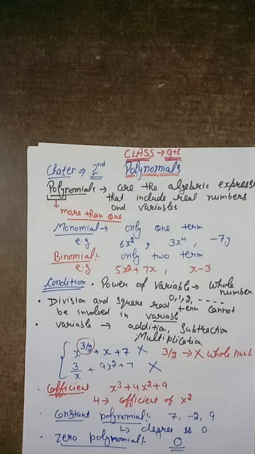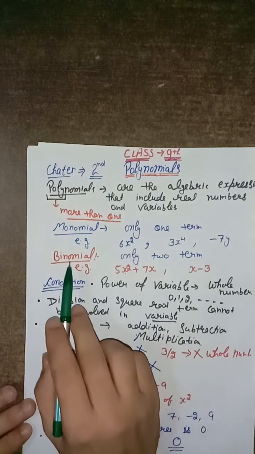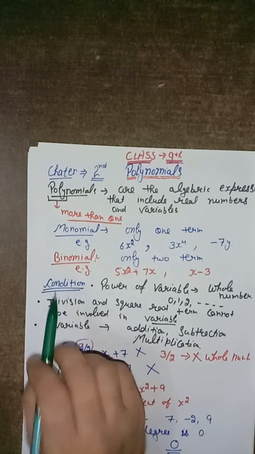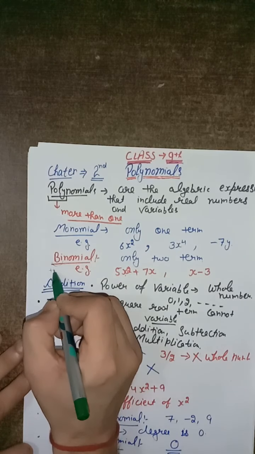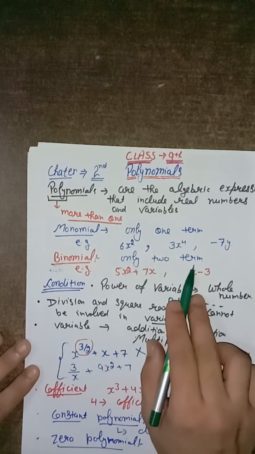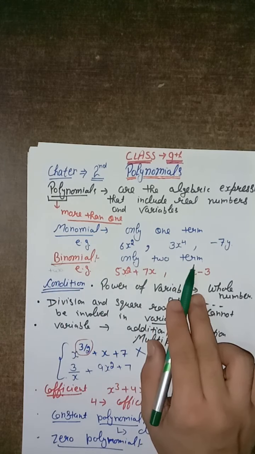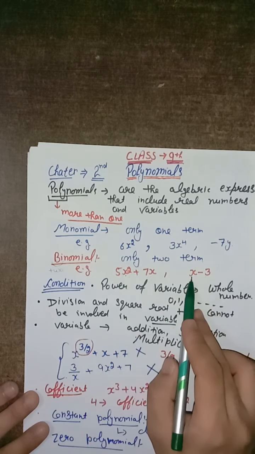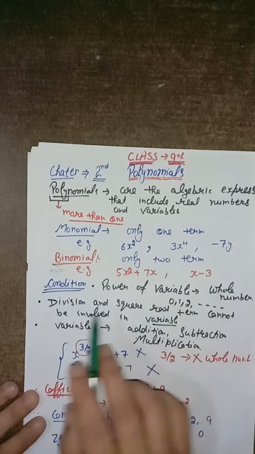Monomial is that which contains only one term, and the examples are 6x², 3x⁴, 7y. Then we discussed binomial. Bi means 2, and hence binomial means a polynomial which contains only 2 terms. Here x² and x. Here x and -3.